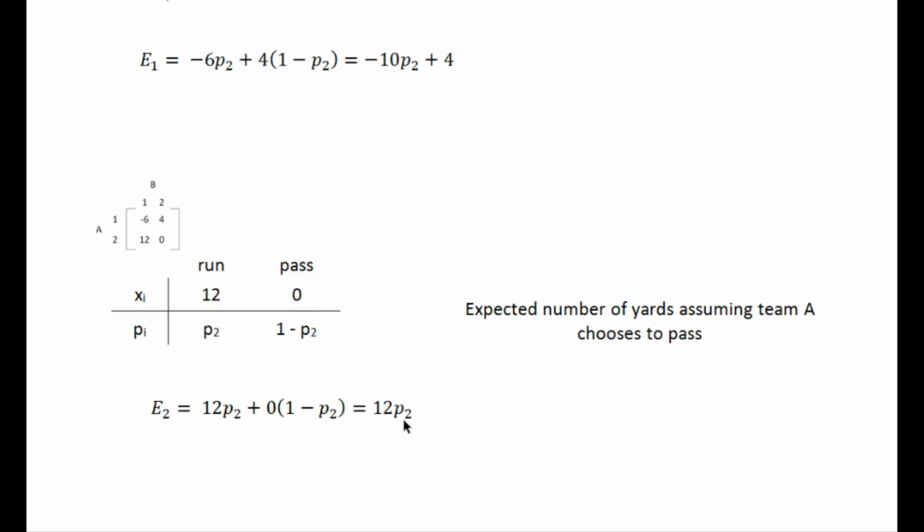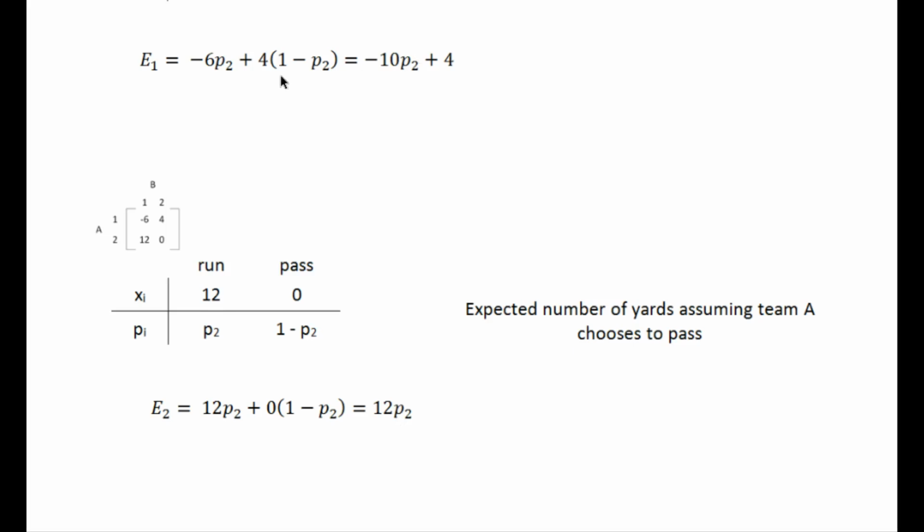You'll notice we're using the same numbers, 12 and 0, even though these numbers are actually reversed for Team B. This is Team A gaining 12 yards, which really means losing 12 yards for Team B. We could swap around all the numbers in our matrix, which might get a little confusing, but it ends up working out the same either way, so we're just not going to bother with it. We can just use these numbers the way we got them right there.